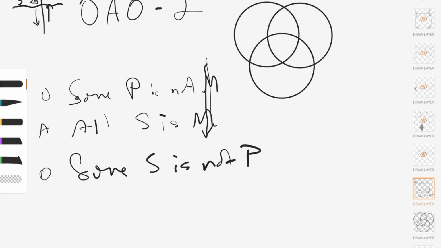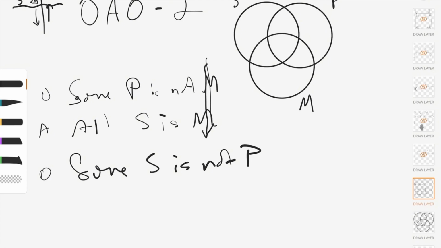Second thing we need to do is construct a Venn diagram for this. So we've got our empty schema. Across the top we have S and P. Hanging down there we have M. The first thing we want to do is shade. We want to do all our shading. Only the minor premise is universal, so that's where our shading is going to be.